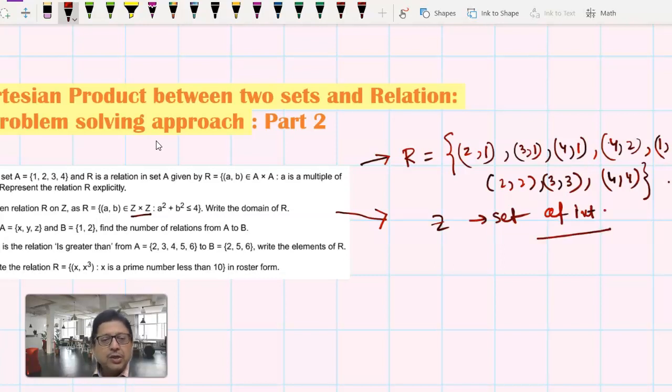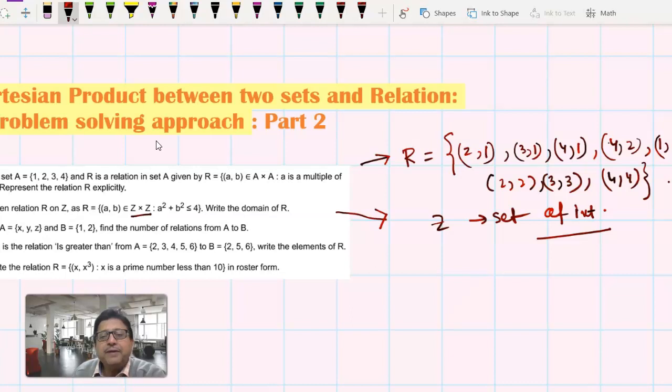So you have to choose values of a and b such a way that a square plus b square remains less than equal to 4. They may be equal. One of them may be equal to 0. All these things possible, but remember both a and b must be integer.